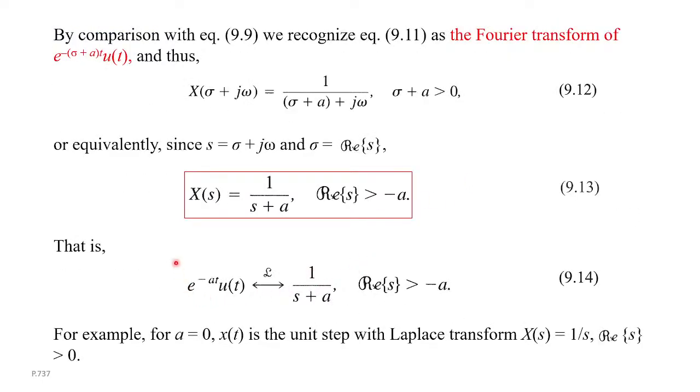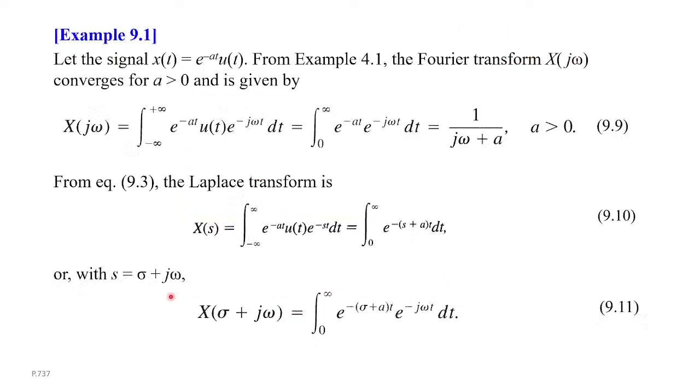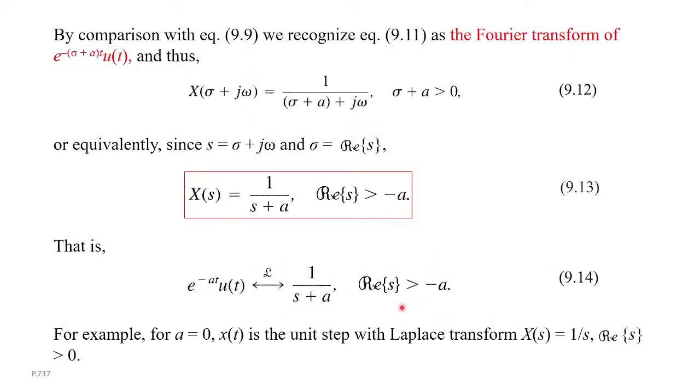And anyway, we found that the Laplace transform of this decaying exponential function is 1 over s plus a, but we now have this weird part where this is only true for some of the s. This is only true if the real part of s is bigger than minus a. If s is not bigger than minus a, then the integral just doesn't converge, and we think it's just not true.